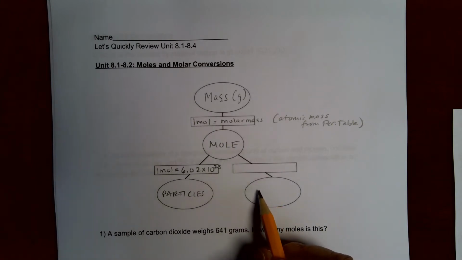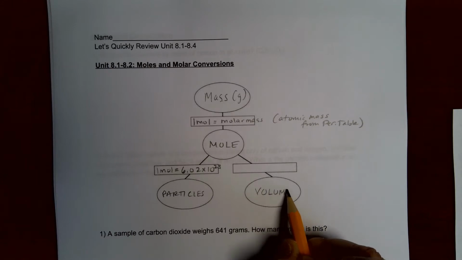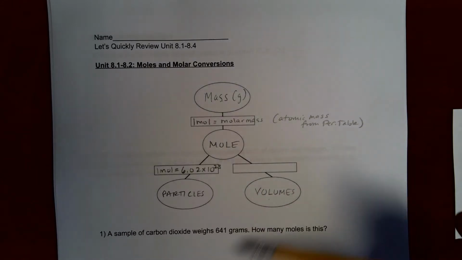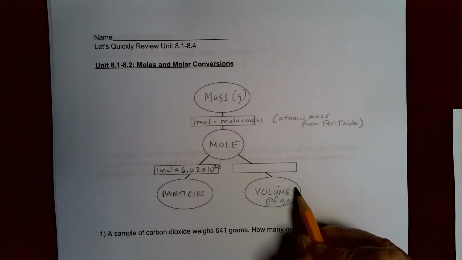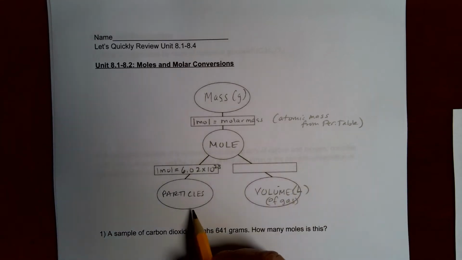There is another conversion that we touched on that we will be talking about. We haven't really learned too much about gases, but we can convert to volume of a gas, not plural, volume of a gas. And that unit would be in liters.